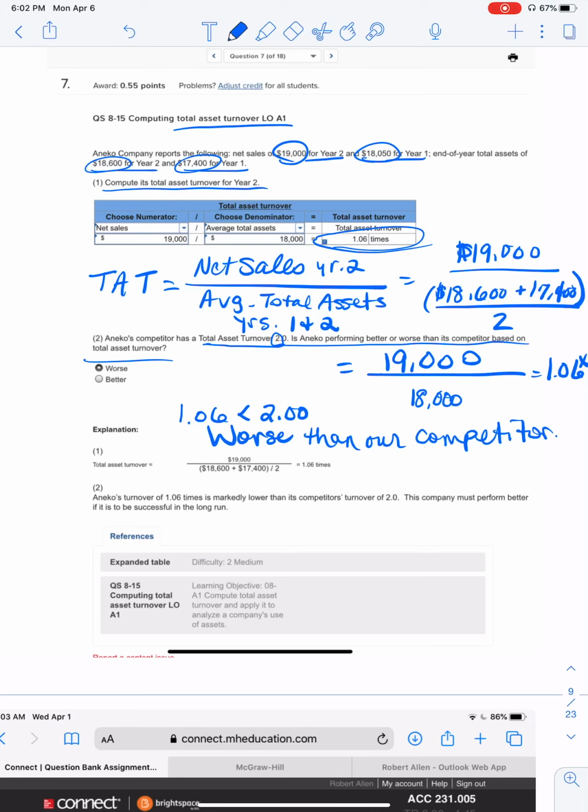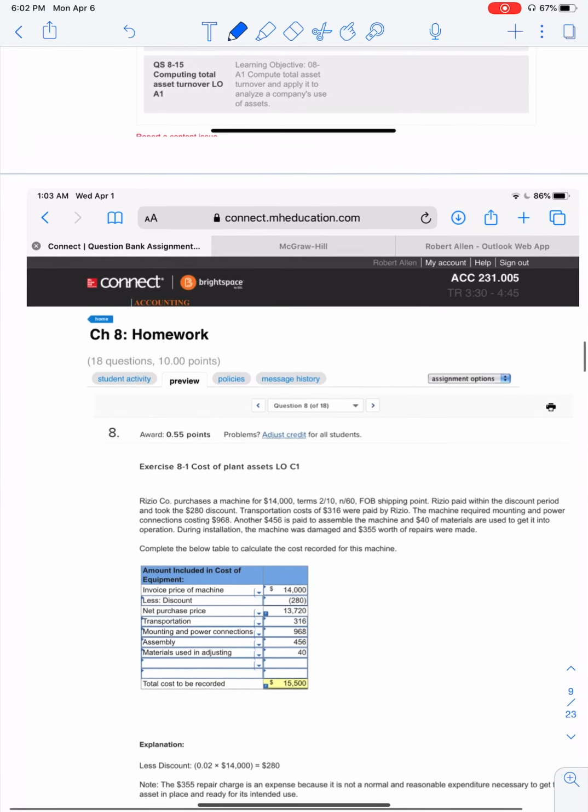And that seems to make some sense, because that means we're not generating as many sales per dollar of total assets, which means we are not being as efficient with our assets. So that handles the end of number 7. And now we'll move on to number 8.